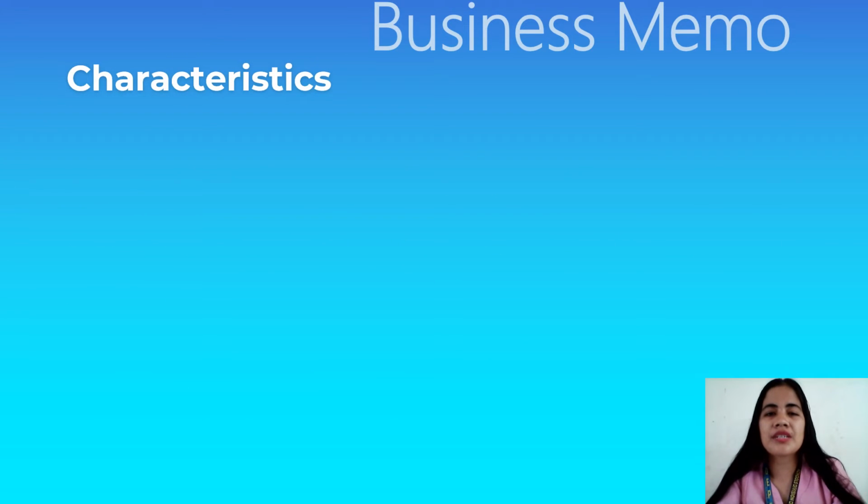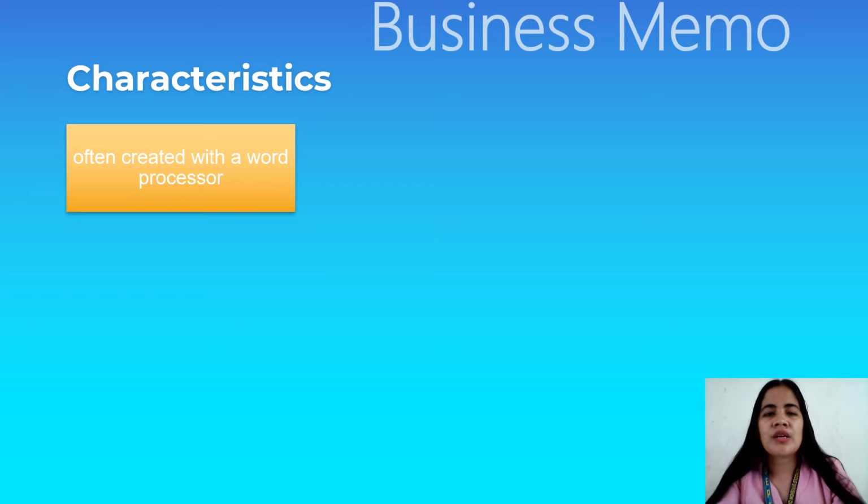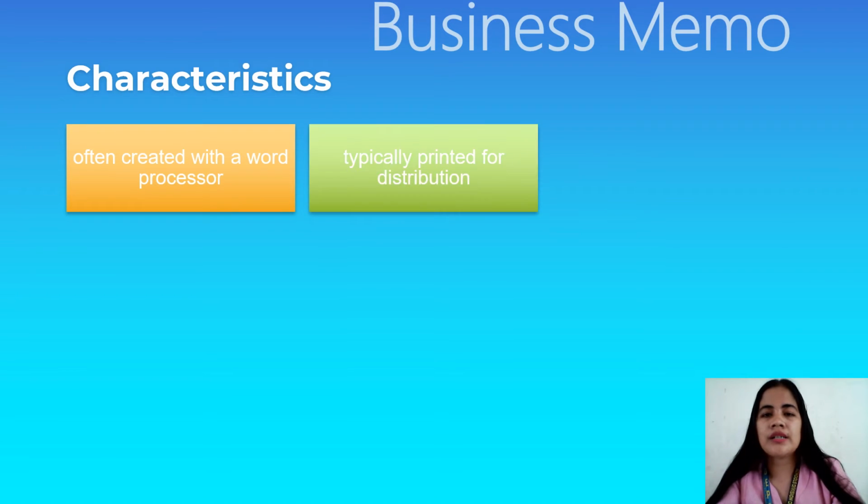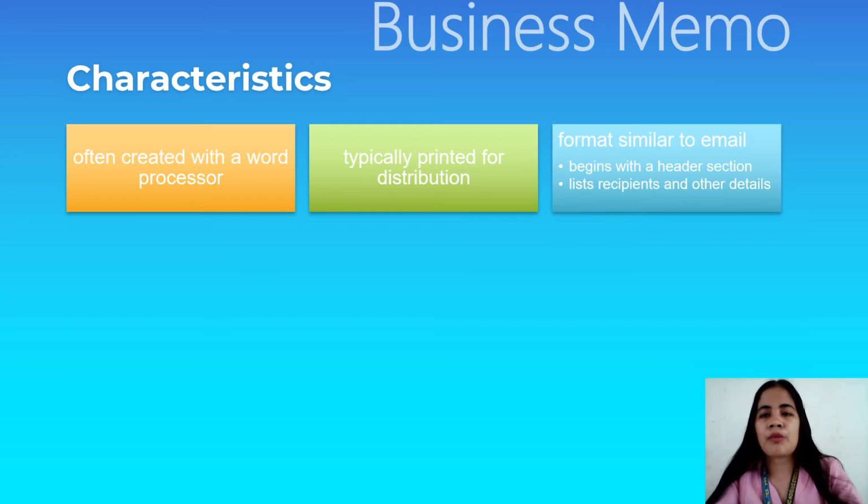So we're going to identify what are the characteristics of a business memo. First, often created with a word processor, typically printed for distribution, but today in times of pandemic, more on online. Format similar to email, begin with header section, list recipient and other details.